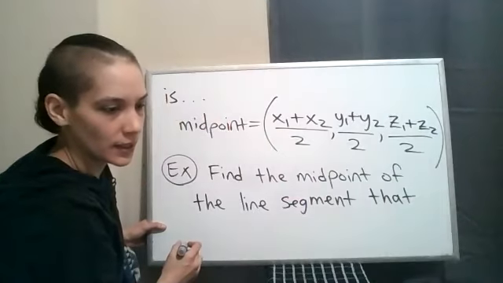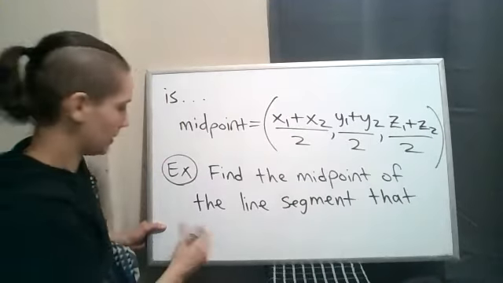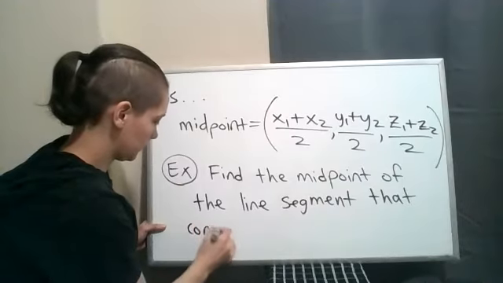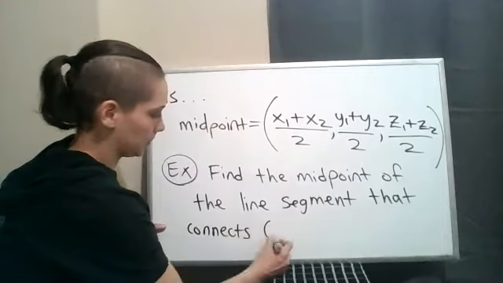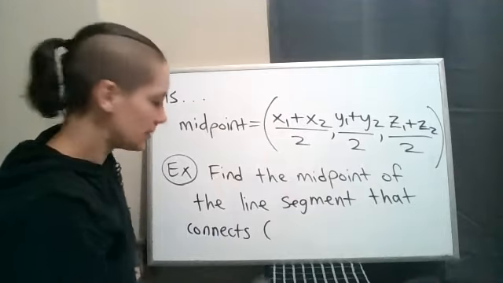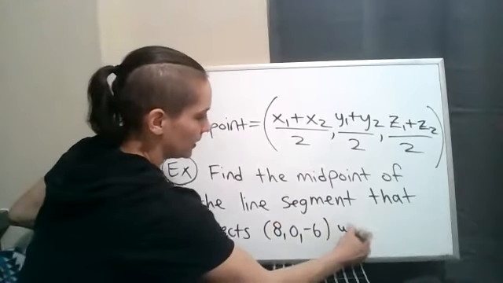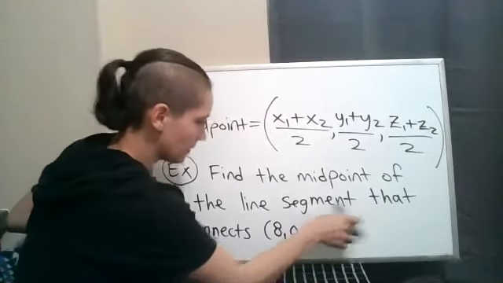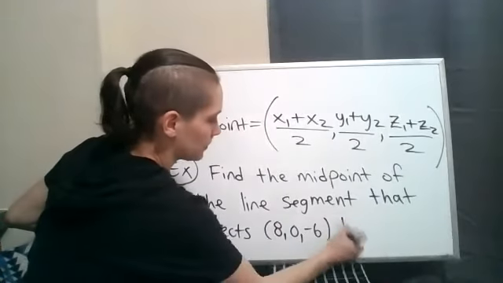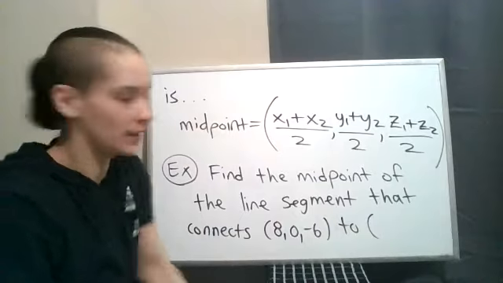Let's see. Connect seems fine to me. The point 8, 0, negative 6 with the point negative 7, 4, 5.